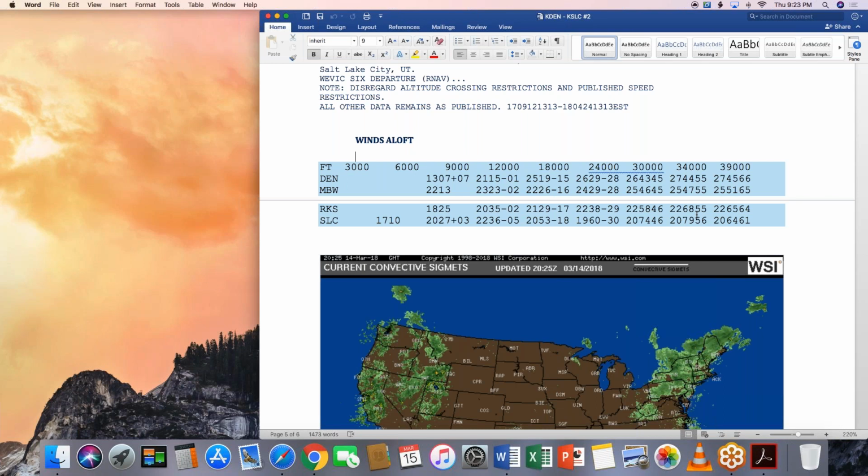Denver's right here, MBW is somewhere right here, and Rock Springs is in the most southwest corner of Wyoming. So these are our 2 stations. They both fall in this 105 nautical mile leg, so we're just going to use the average of both of those stations to give us our ISA deviation.